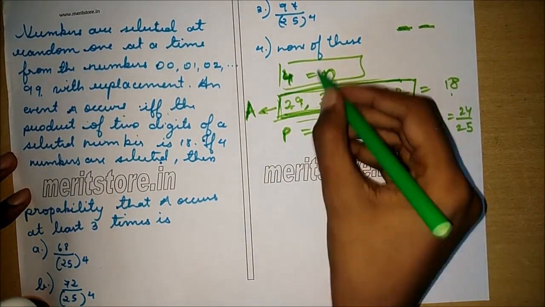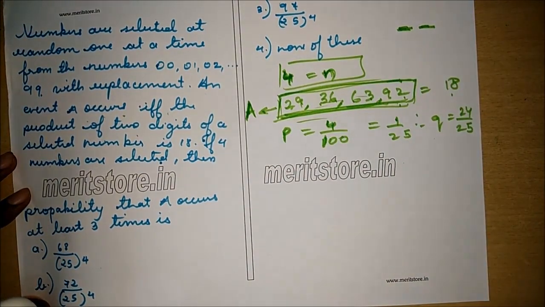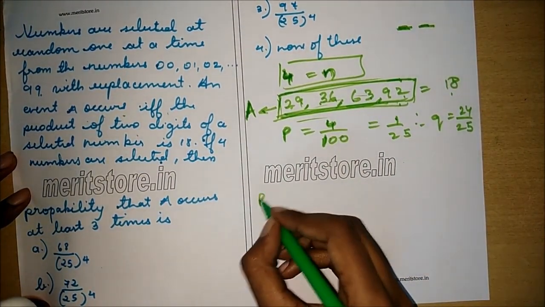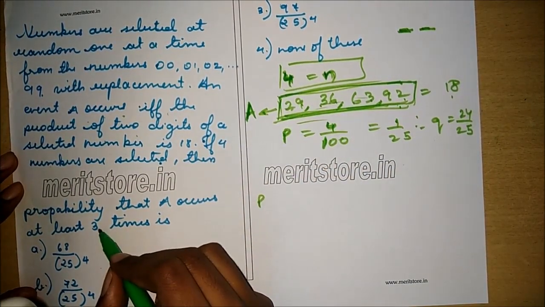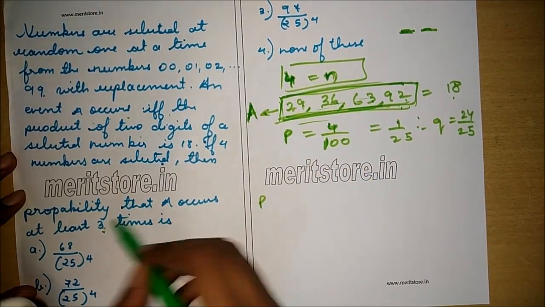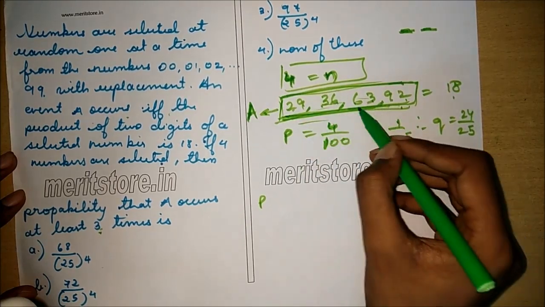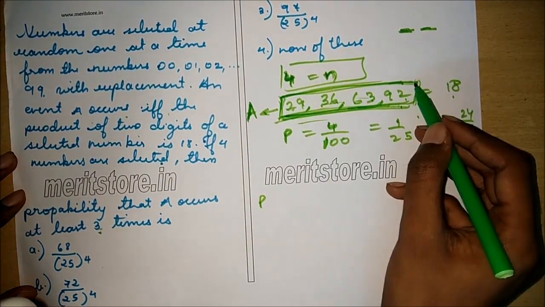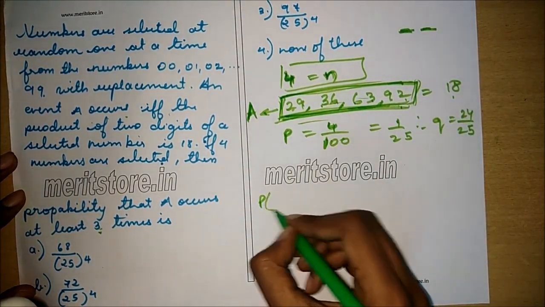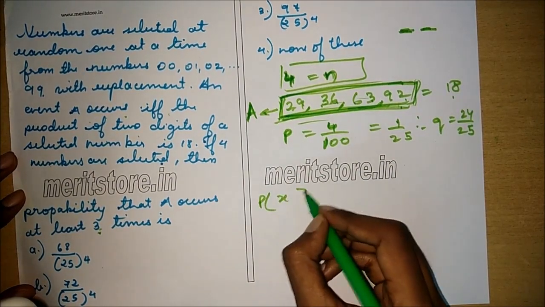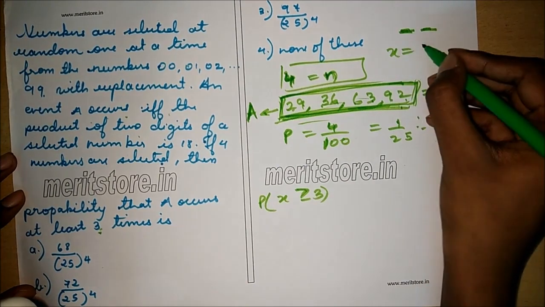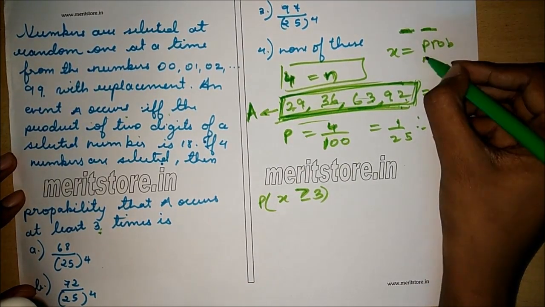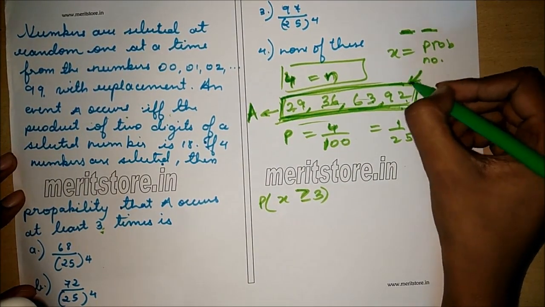So now the number of events is 4. We have to find the probability that A will occur at least thrice. That is, when will A occur? When we select numbers out of this range. So we have to find the probability that X is greater than or equal to 3, where X is the number of times a number is selected from this range.